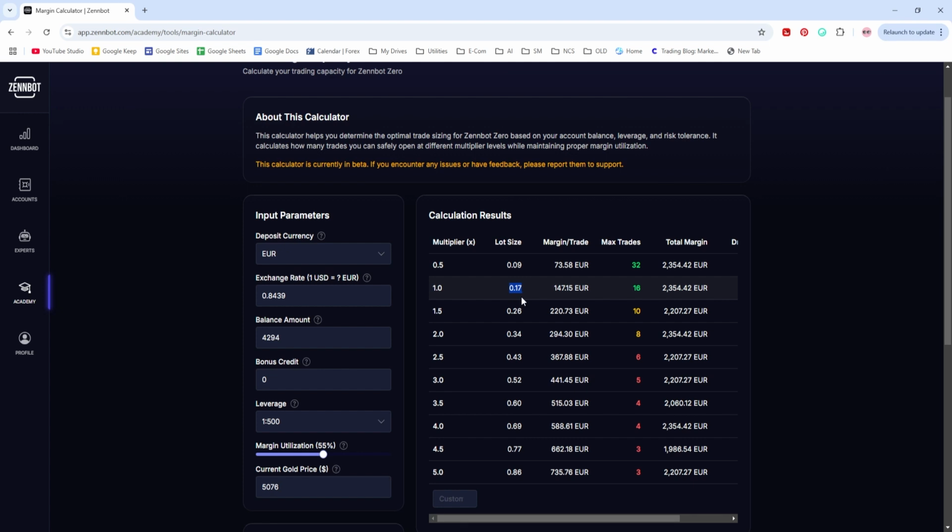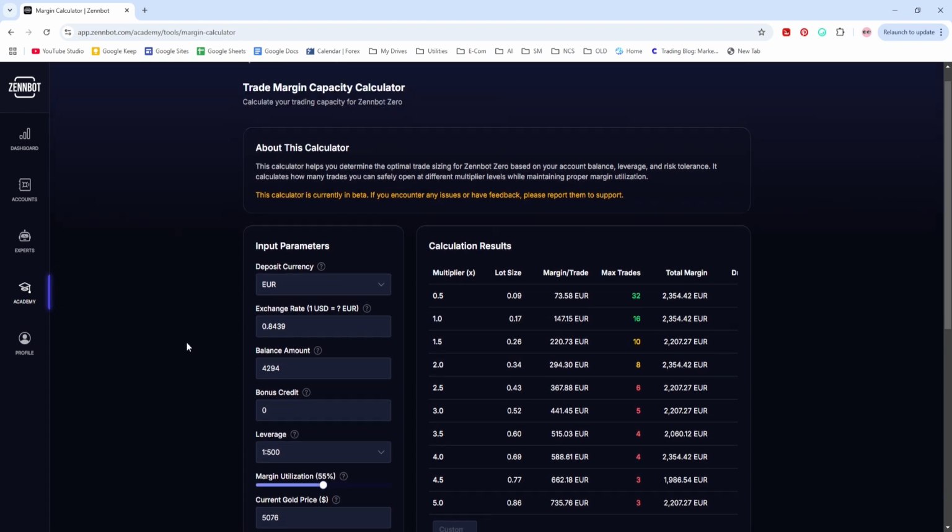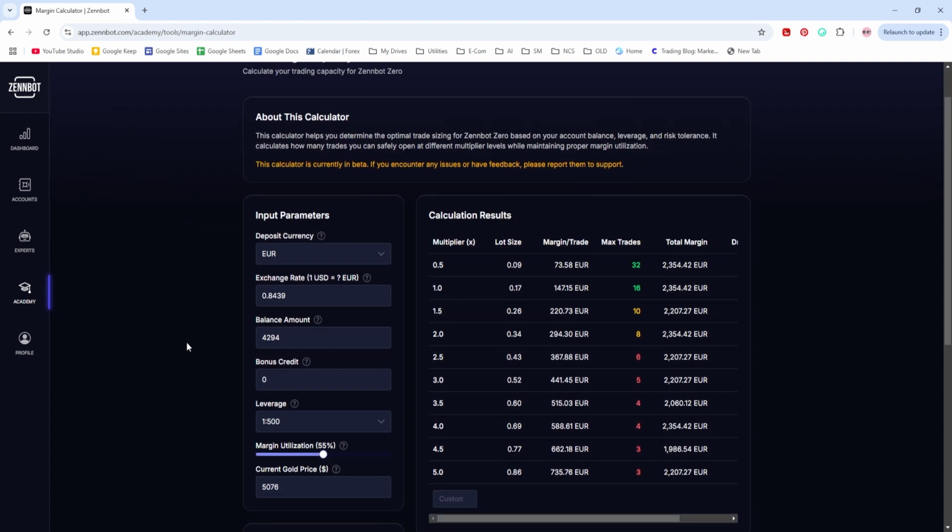So essentially what we are looking at is the compounding effect at any given point of time. So yeah, that's pretty much it. That's all you need to know, how the minimum lot size per trade given your account balance amount works.